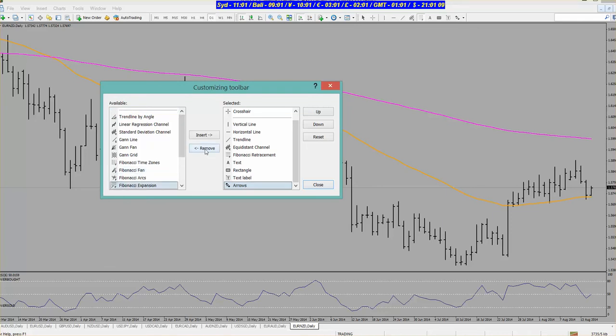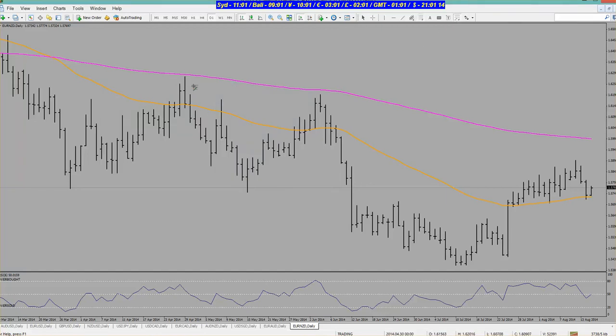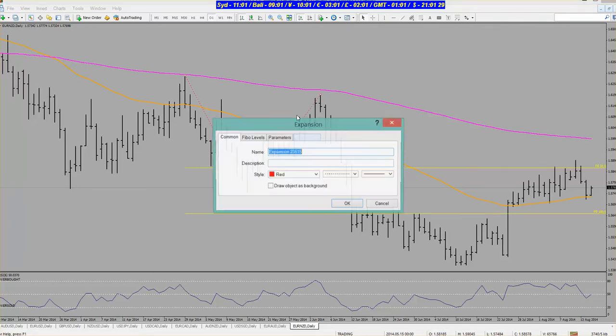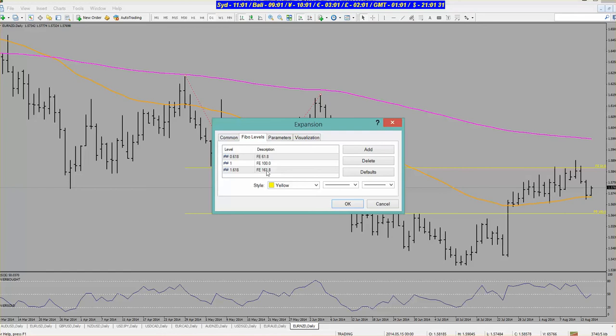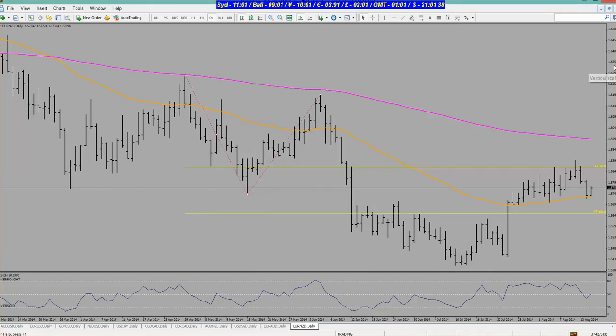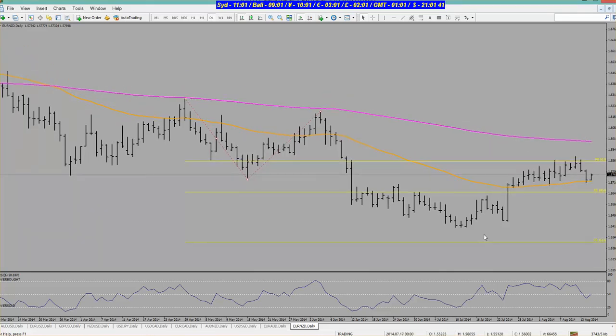The fib expansion tool operates differently. You've got to go 1, 2, and then you can see that we get a third, which we need to drag up here. All right, so 1, 2, 3. Then you need to come in to properties, Fibo levels, and put in your Fibo levels 1.0 and 1.618, but it's measuring differently. Your 1.618 is down here, but it's taking it off a different measurement.